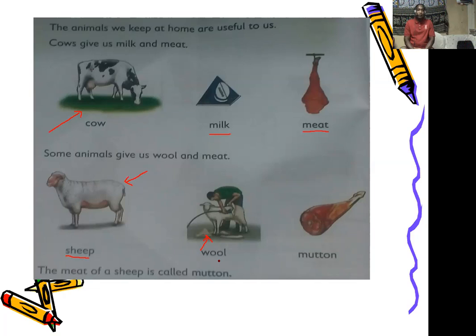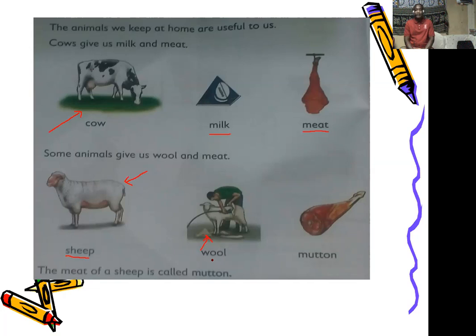Shearing. What is shearing, pupils? Shearing is the cutting of wool from sheep. Shearing is spelled S-H-E-A-R-I-N-G. Good.